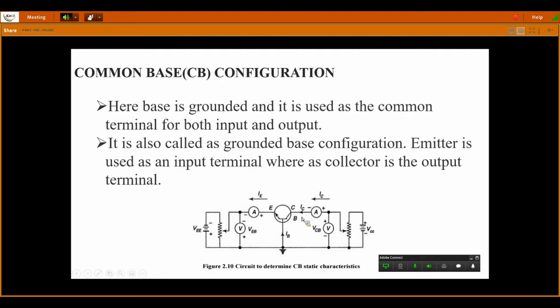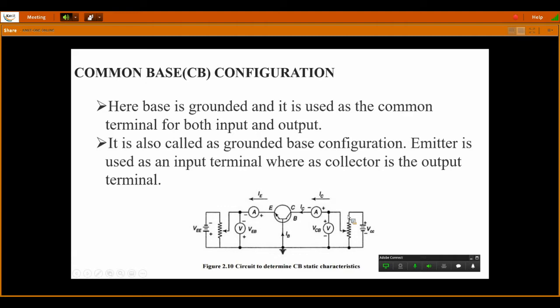Hence we connected a voltmeter as well as an ammeter at the input as well as at the output side. Okay, right. So as I take your base as a common terminal, it is a common base configuration, and I connected my input at your emitter terminal, and I will collect the output from its collector terminal.